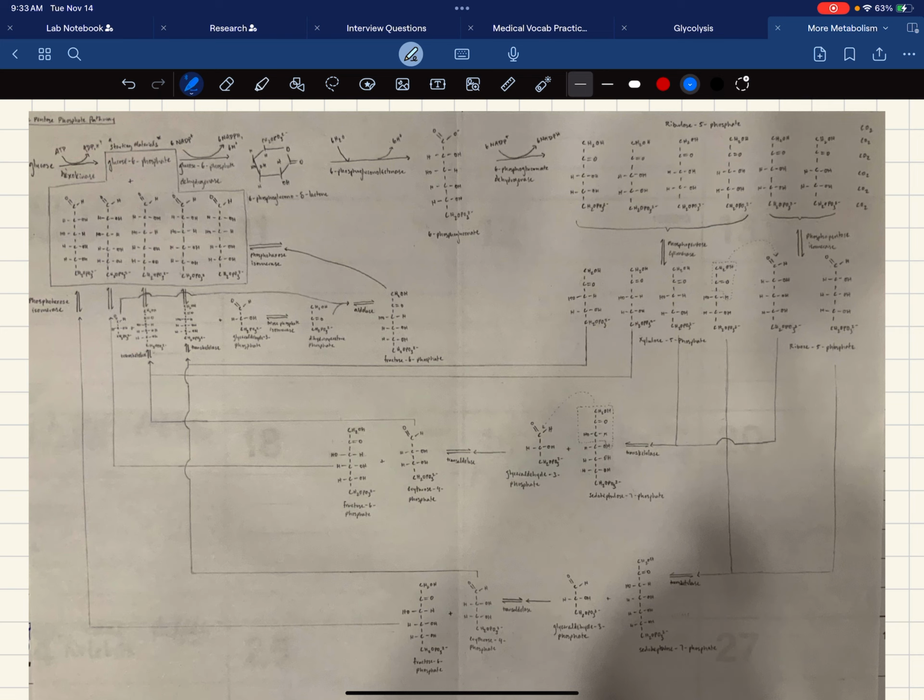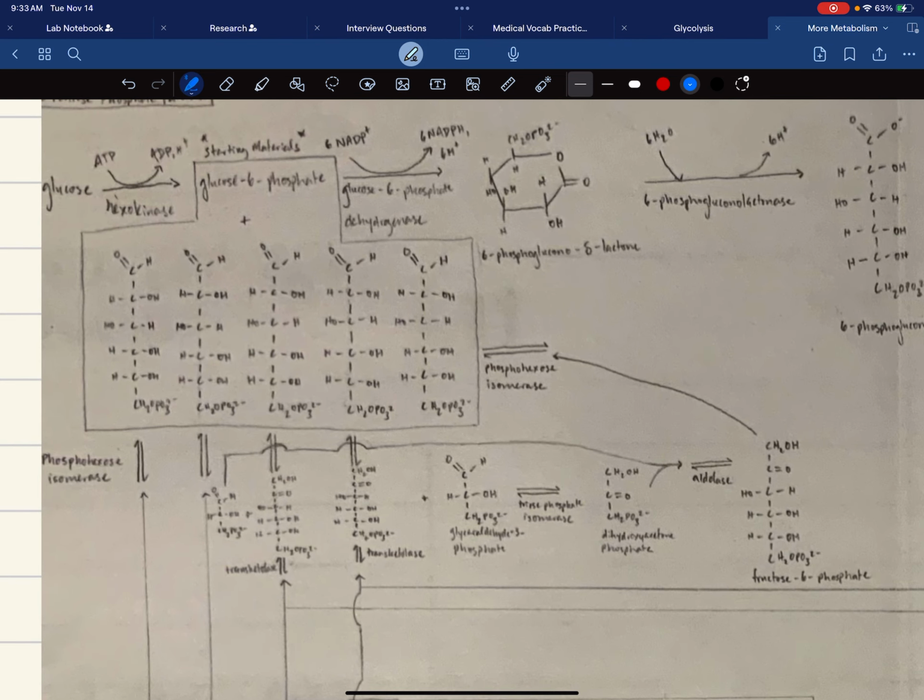The way that I want you to think about the pentose phosphate pathway is that it's not a reactant and a product. It's more like a cycle, in the sense that the TCA cycle is a cycle. Essentially, you have these starting materials, these five glucose 6-phosphates that you produce from the hexokinase reaction that we see in glycolysis all the time.